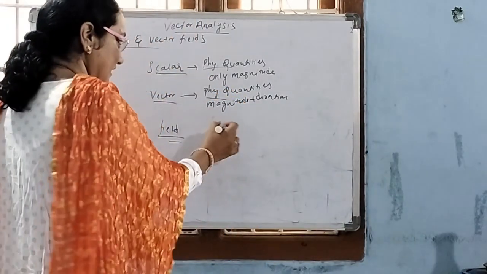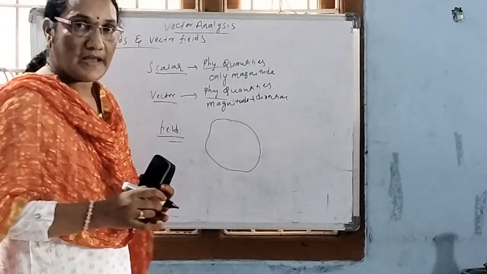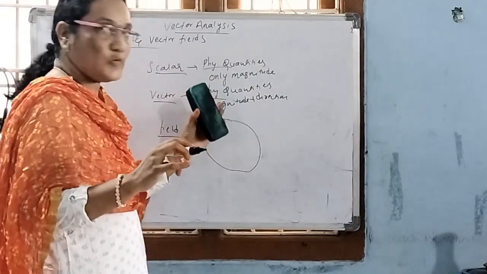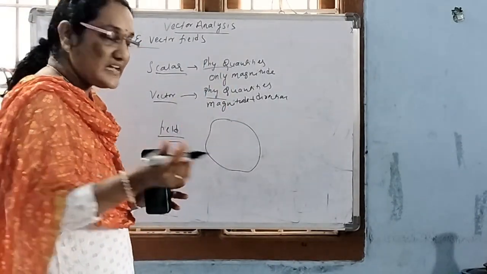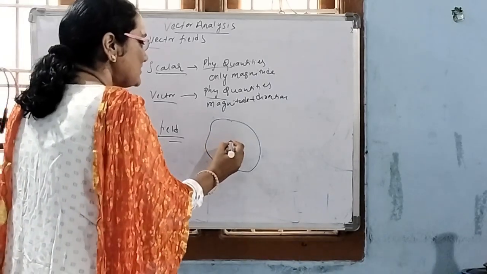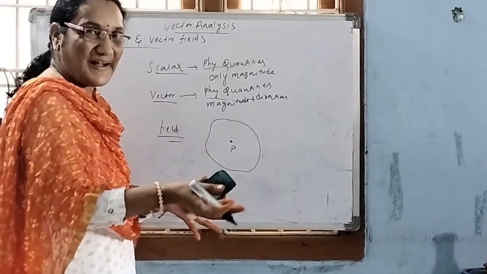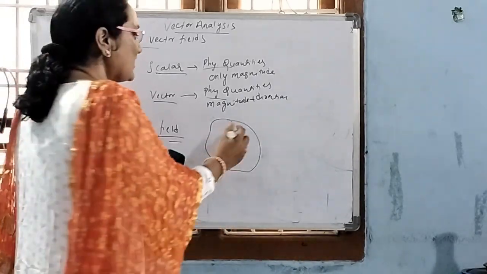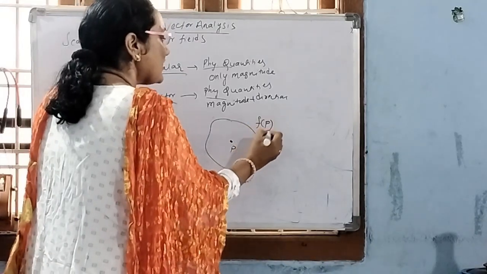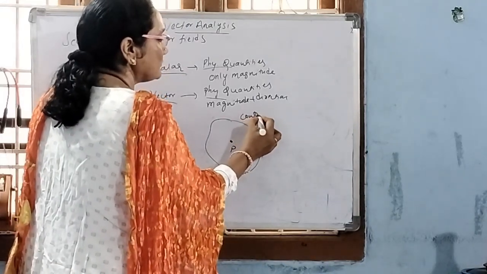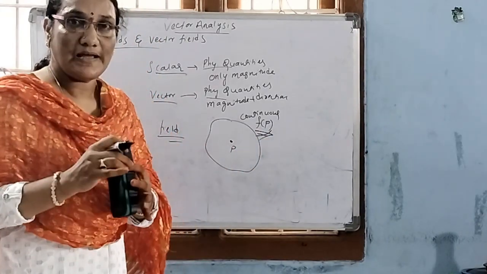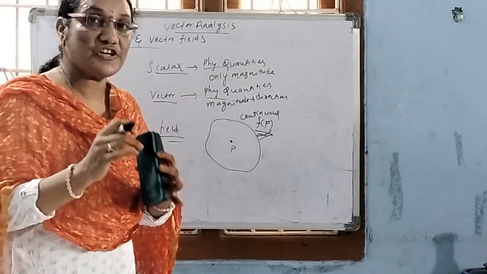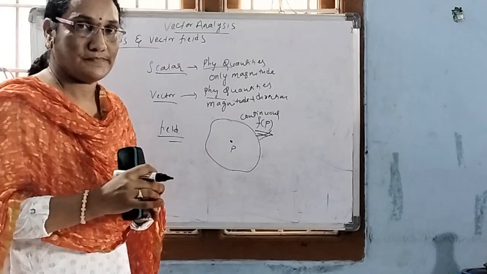If I take any space or region and want to explain any physical quantity, then I will explain it in terms of a continuous function of the position of the particle or physical quantity.